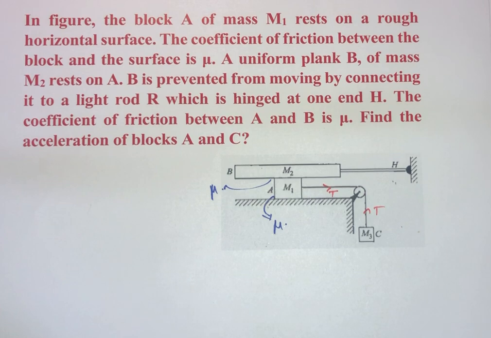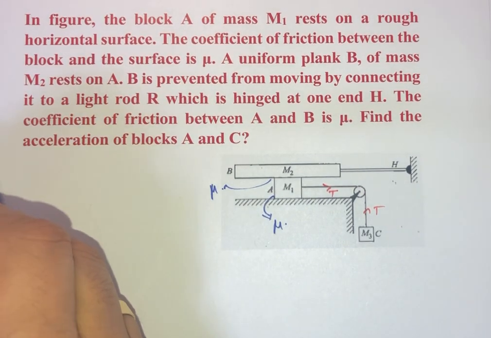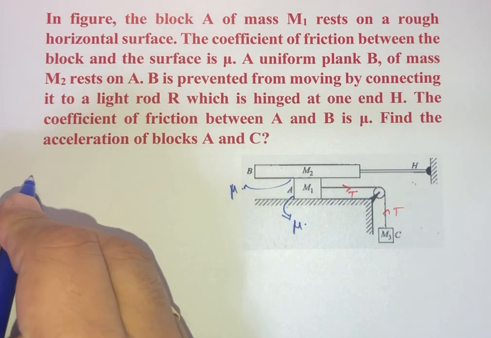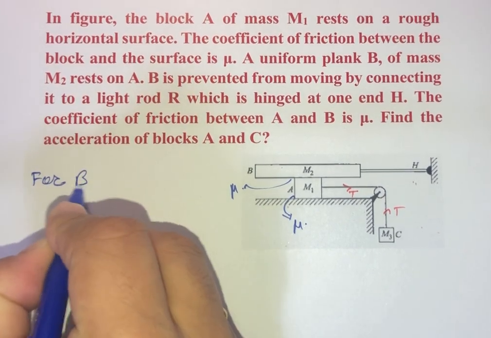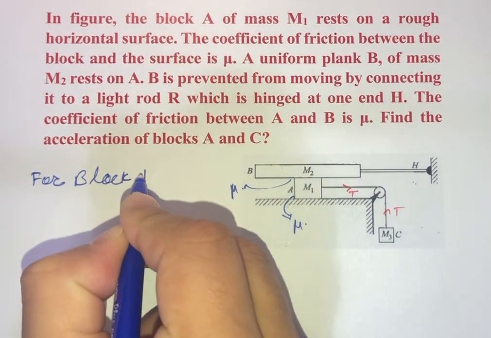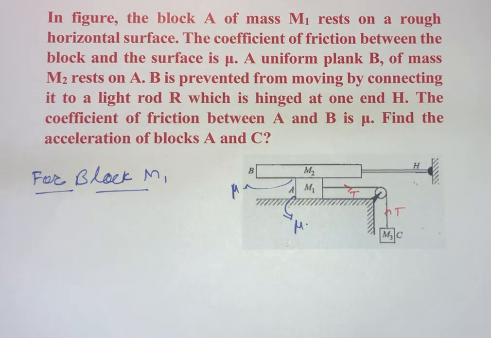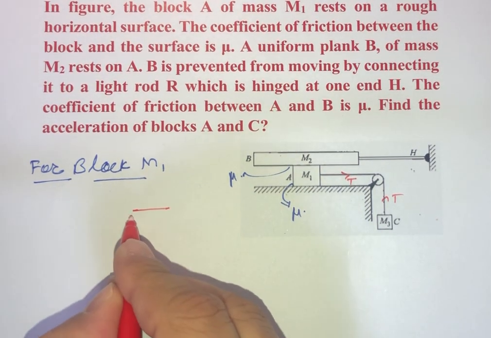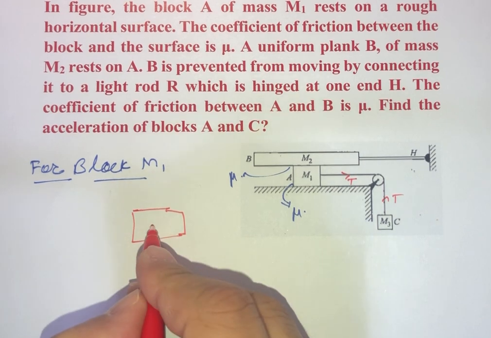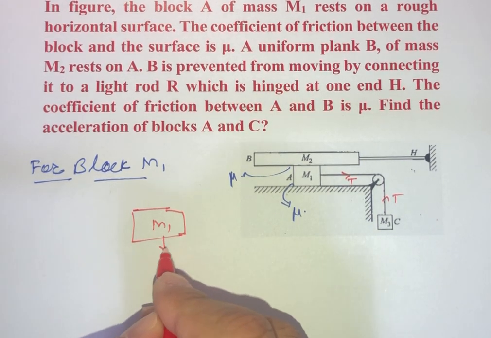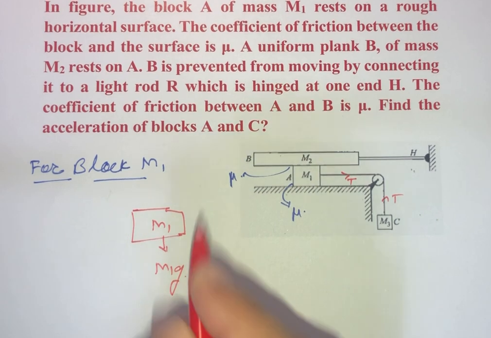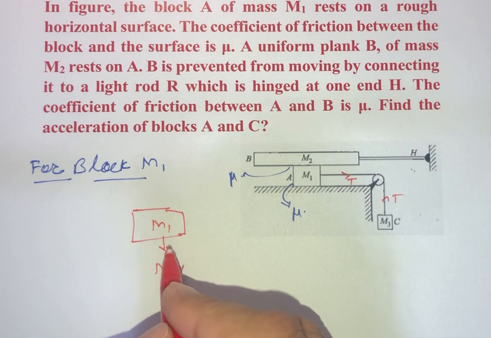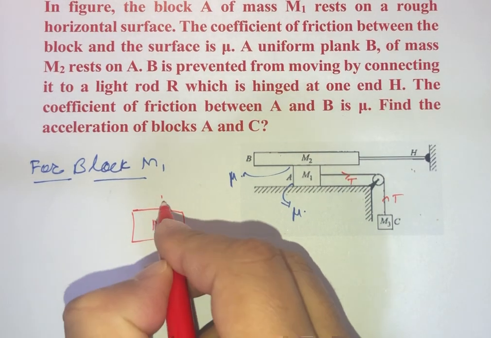We can say that for block M1, first there will be M1G in the downward direction and there will be normal because of the contact surface, and let us call that N1.